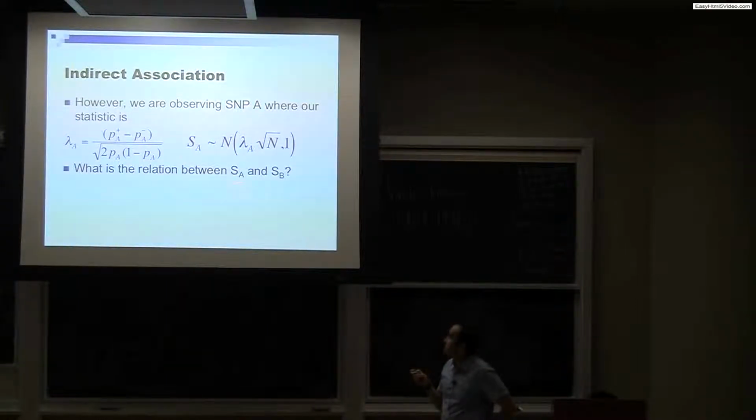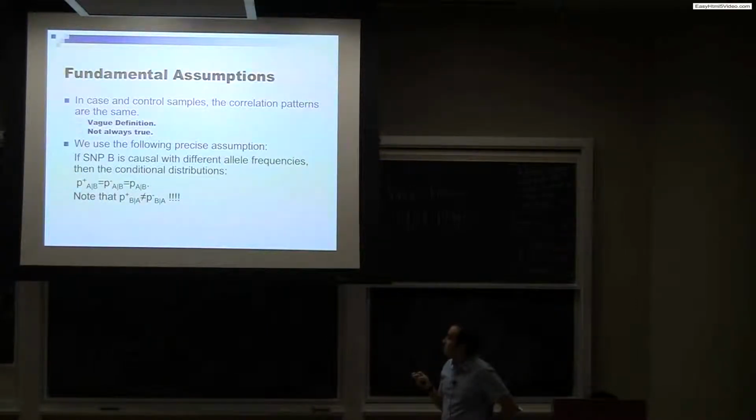So what's the relation between these two statistics? First of all, you need to have some kind of assumptions, and what we're assuming is that in the case of control samples, the correlations between the SNPs are the same.